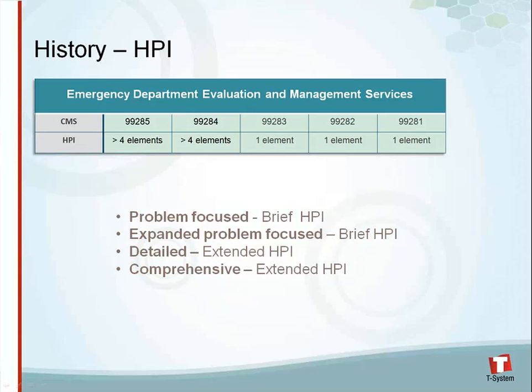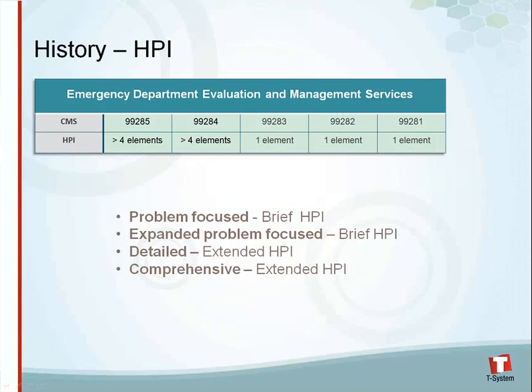You'll see here that for CPT guidelines, they talk about a problem-focused HPI, an expanded problem-focused HPI, detailed and comprehensive. None of those have numerically associated bullets with them, meaning a brief HPI.